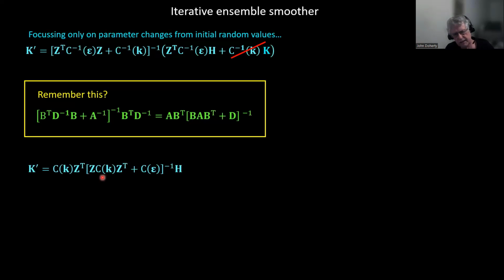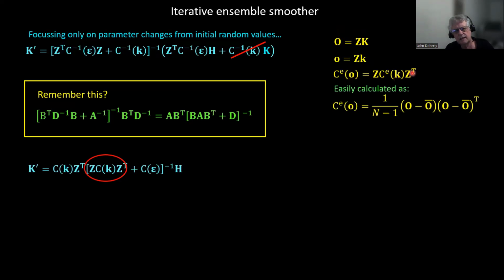You see this Z C_K Z^T term here? Well, let me write what happens when we operate with our model on a bunch of parameters to get a bunch of model outputs. Let's look at what happens when we do it individually. Our old friend, propagation of covariance. There, the empirical covariance of O is just Z C_K Z^T.